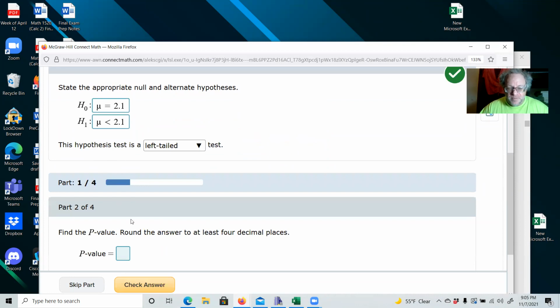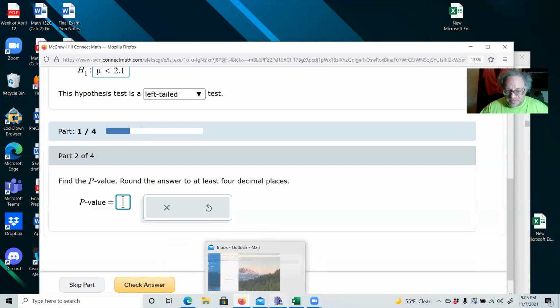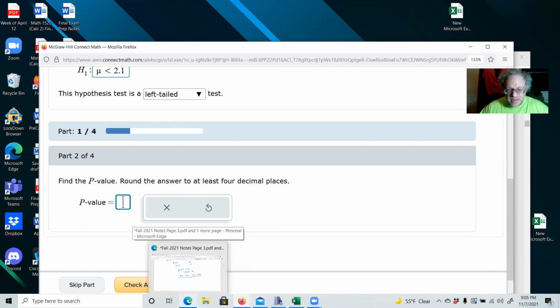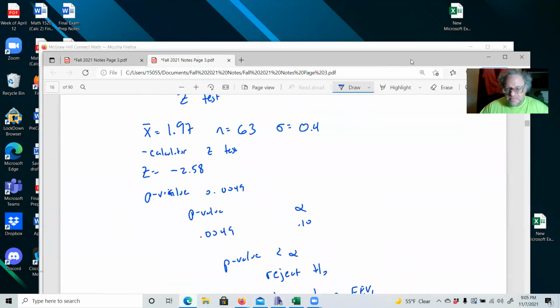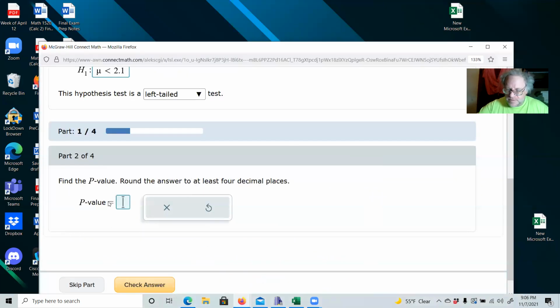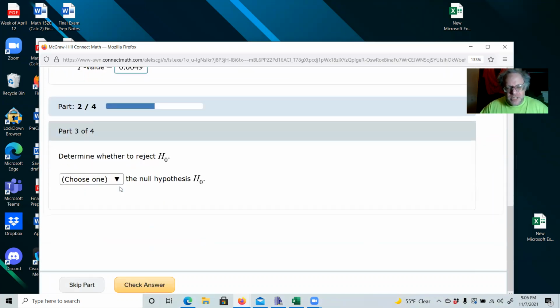I just want you to tell me, like, what is your alpha? So we went through, we did this. Okay, so I don't quite align with the book there, and I apologize for that. But our p-value was 0.0049. Determine whether or not to reject it. Reject the null hypothesis. Okay.